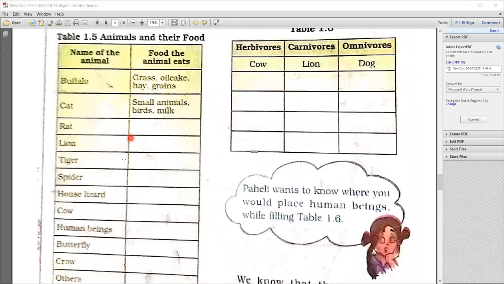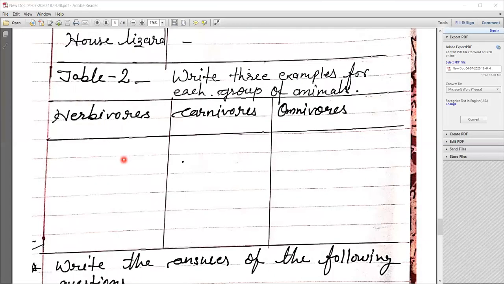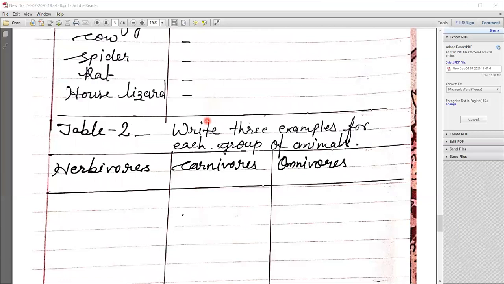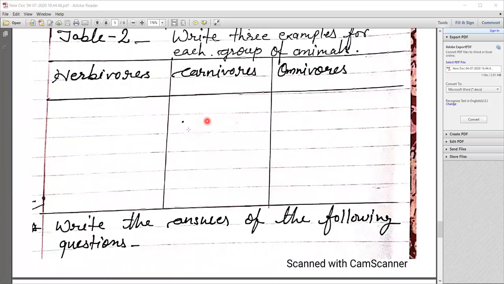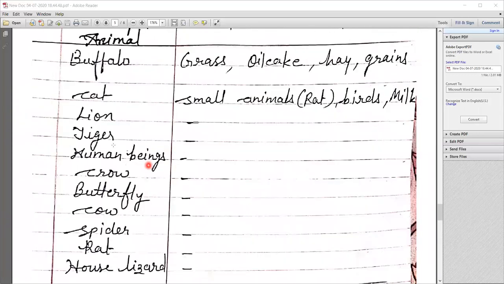Here we can see the different food items: cat, small animals, birds, milk; and cat also eats food which is obtained from plants. Now rat, lion, tiger, spider, house lizard, cow, so many animal names I have written here. And children, you have to write the name of the food that they eat.